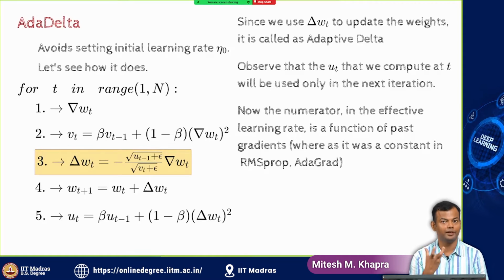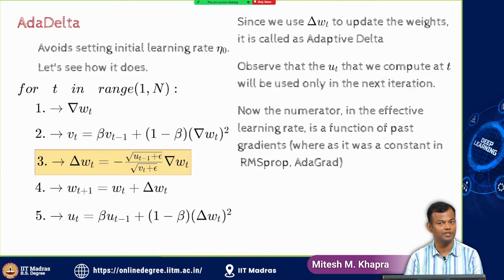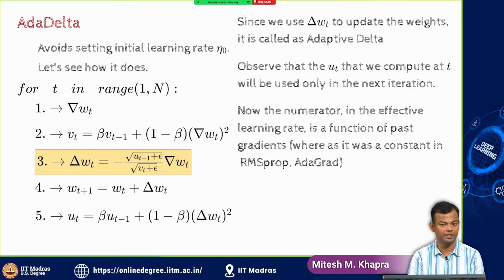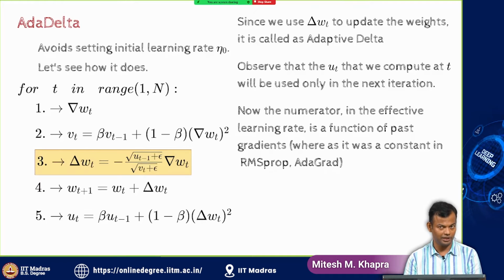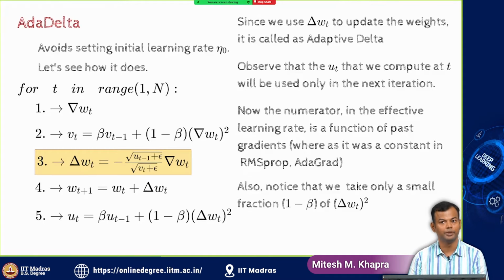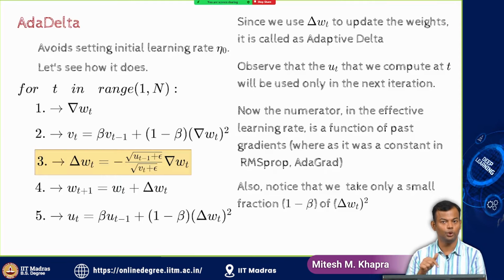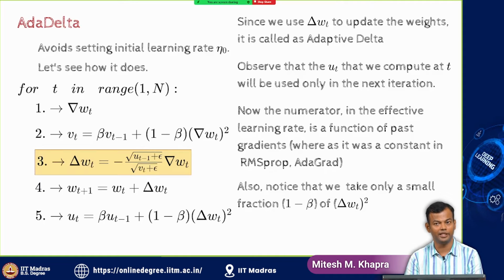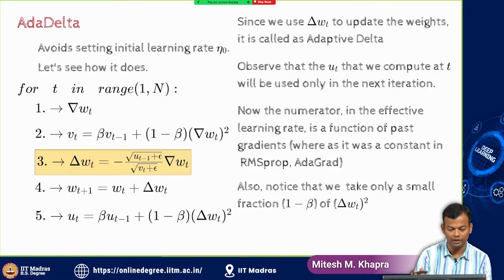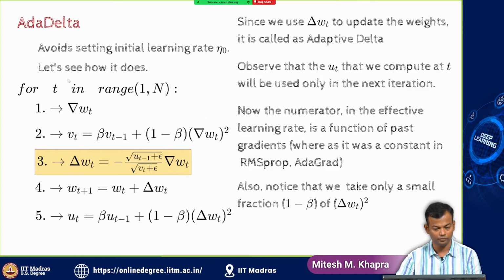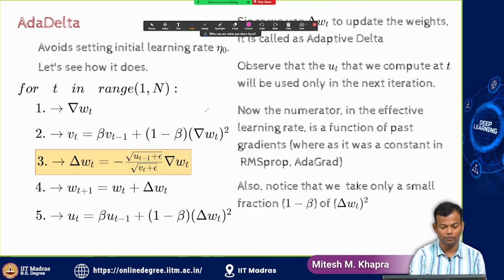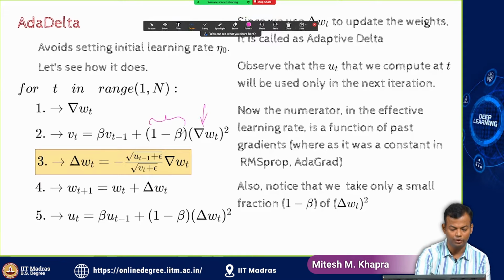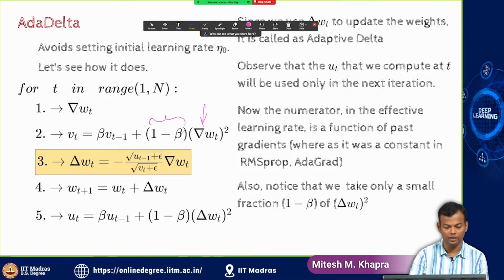Yeah, so now the numerator is a function of the history as opposed to being a constant as in RMSProp and Adagrad. So we have made it a function of the history, we have got rid of the initial learning rate, but does it really solve our problem is the question, right? And the other thing to note, which will be important in understanding that it indeed solves our problem, is that whatever derivative we had computed, we are already taking only a fraction of that in Vt, right?